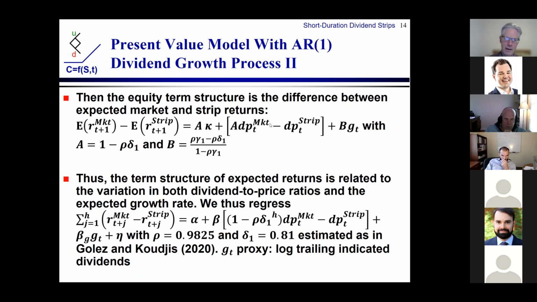It has a part that has something to do with the dividend price ratio on the market minus the dividend price ratio on the strip. There is a little adjustment factor down here. I will talk about that in a second. So it's a difference in DP ratios, and it has something to do with the growth rate.